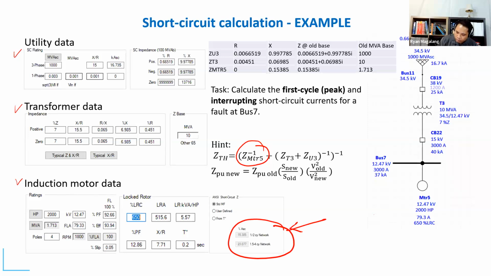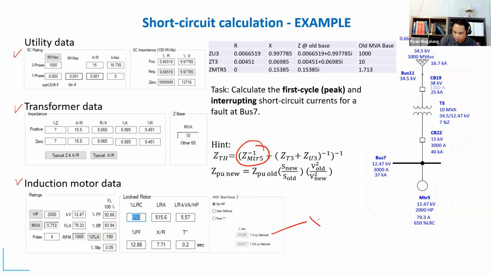So as we have said earlier, as time passes from half cycle to 4 cycle, we are now entering the xd prime.